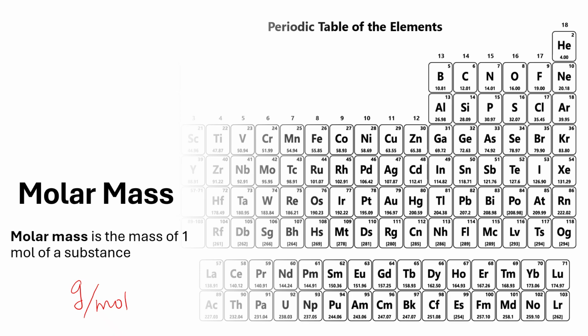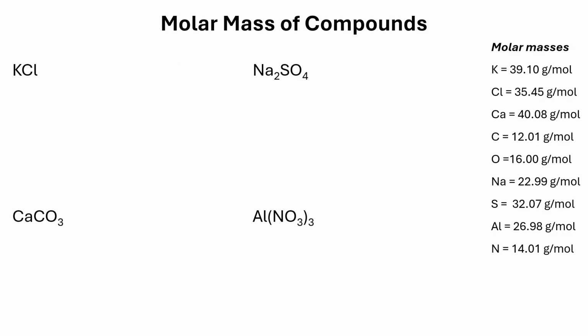Most periodic tables show the atomic mass of all the elements. As an example, if you take oxygen, the molar mass or the atomic mass of oxygen is given here. For oxygen, it is 16 grams per mole. Let's see how you can calculate molar mass of compounds. Potassium chloride.